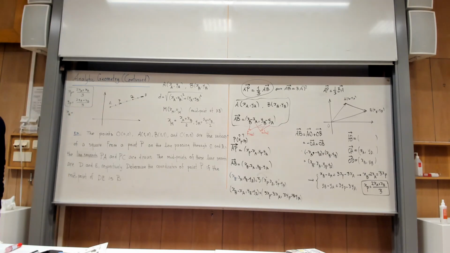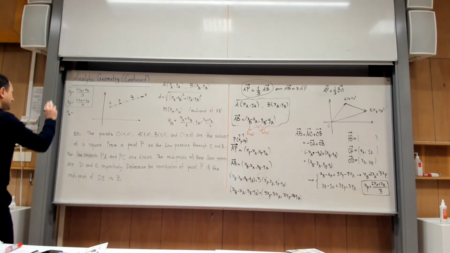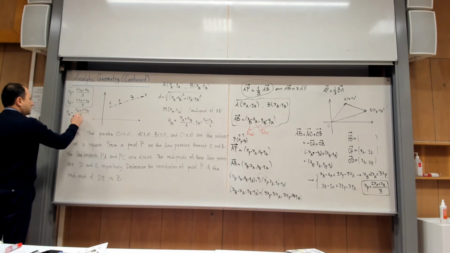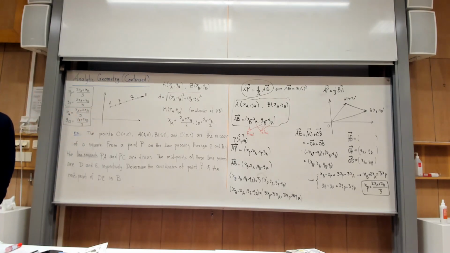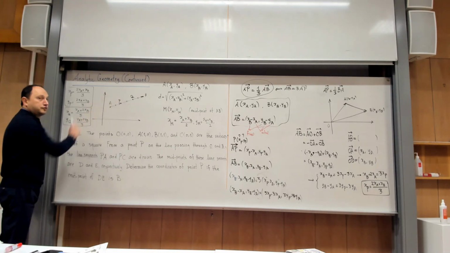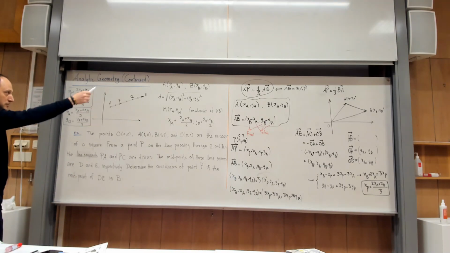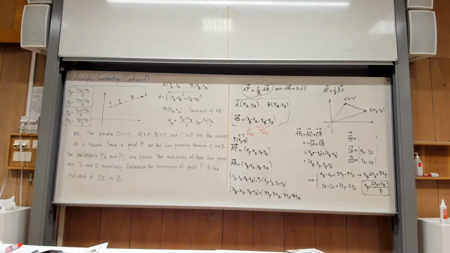But what is your starting point? Can you tell me this one? The prediction is correct. It is xa plus 2xb over 3, and then yq will be ya plus 2yb divided by 3. I agree with you 100%. But can you tell me, if you wanted to find q first, for example, what is the vector equation that I will start with?